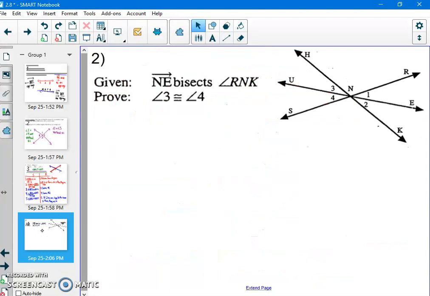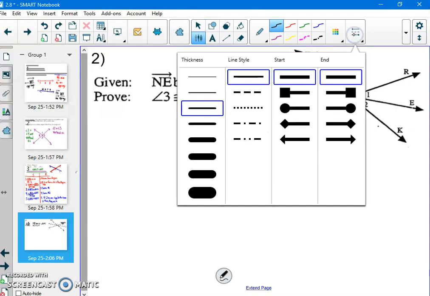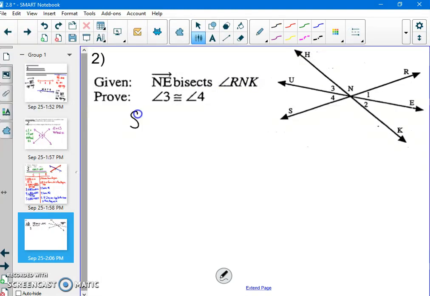Alright, last, we were given that ray NE bisects angle RNK, and we need to prove that angle 3 is congruent to angle 4. So here's where we're going to assume vertical angles, that vertical angles are congruent. So we set up statement and reason.